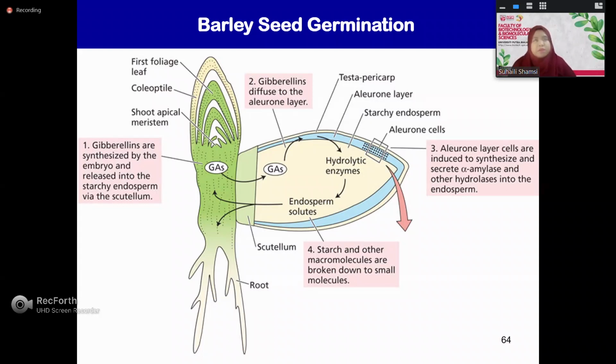When it's time to break dormancy, the seed absorbs water, so gibberellic acid production will increase, and this gibberellic acid will then diffuse into the endosperm, all right? And then after that, it goes to the aleurone layer here, which contains aleurone cells that contain starch as a carbohydrate storage, and these aleurone cells will then produce alpha amylase.